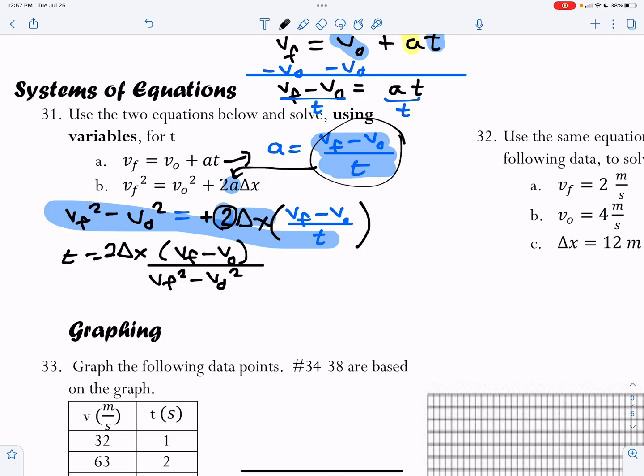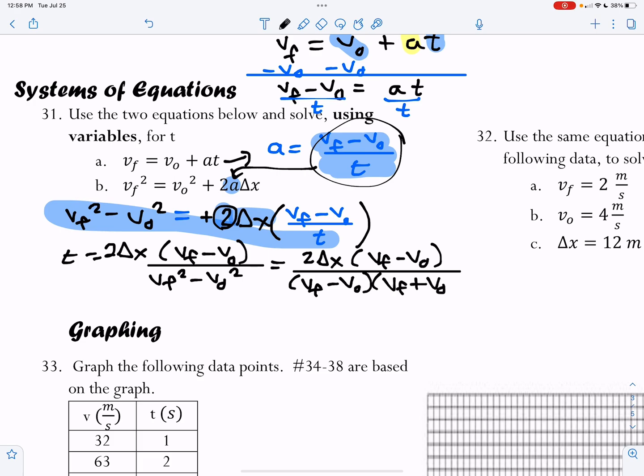This actually factors into what's called the difference of two squares. 2 times delta X, and then on top we have V final minus V initial. On bottom, you would rewrite this as the difference of two squares factor, which would be V final minus V initial times V final plus V initial.